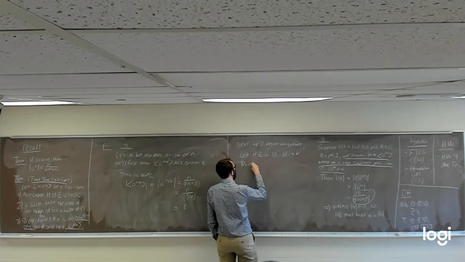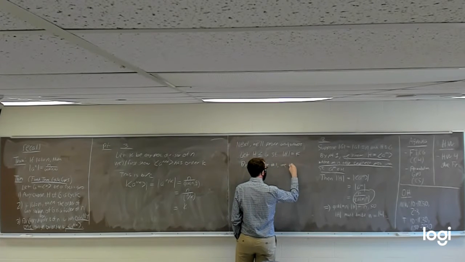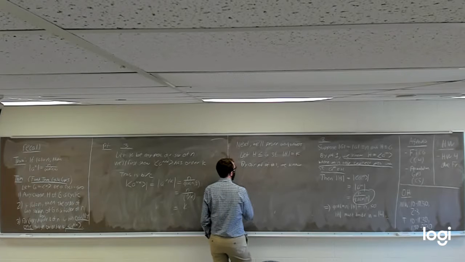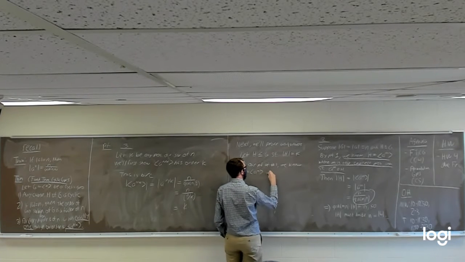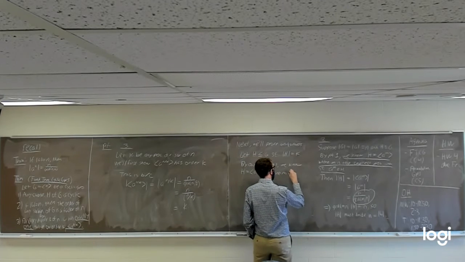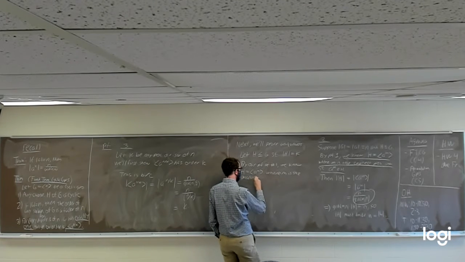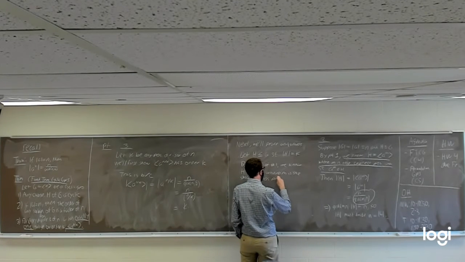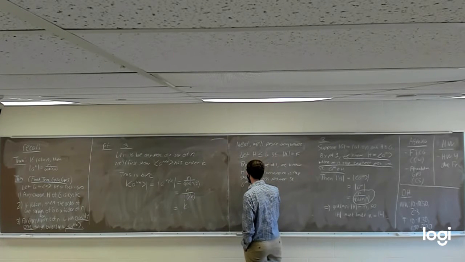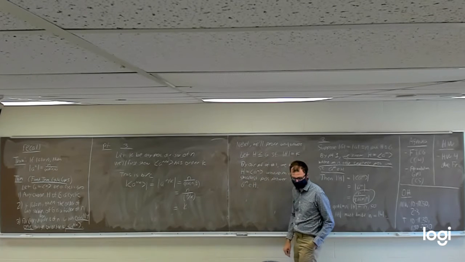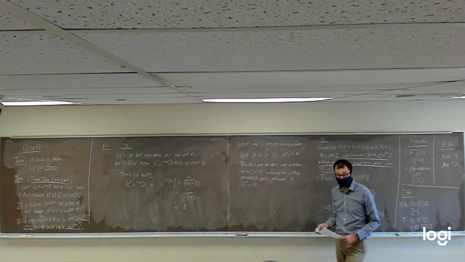So by our proof of number 1, we know H is going to be generated by a to the m, where m is the smallest positive power such that a to the m is in H. Again, we're just using this thing we proved as part of our proof of number 1.